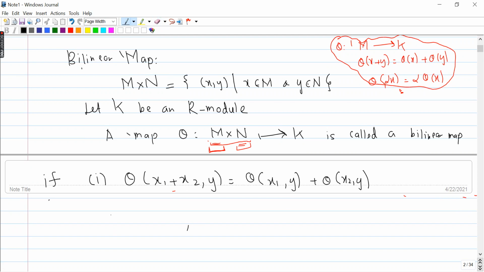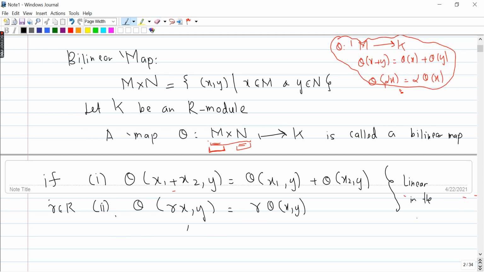What is the second condition? For r an element of the ring, theta of (r x, y) is equal to r times theta of (x, y). Actually this condition shows that it is linear in the first coordinate.